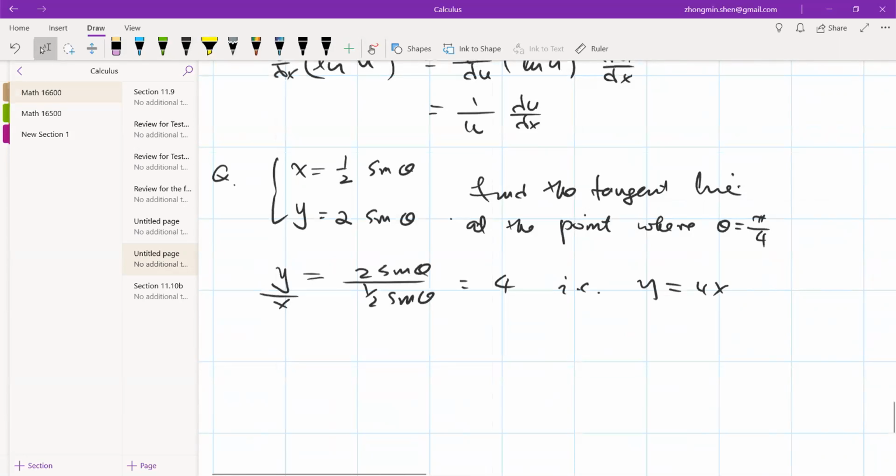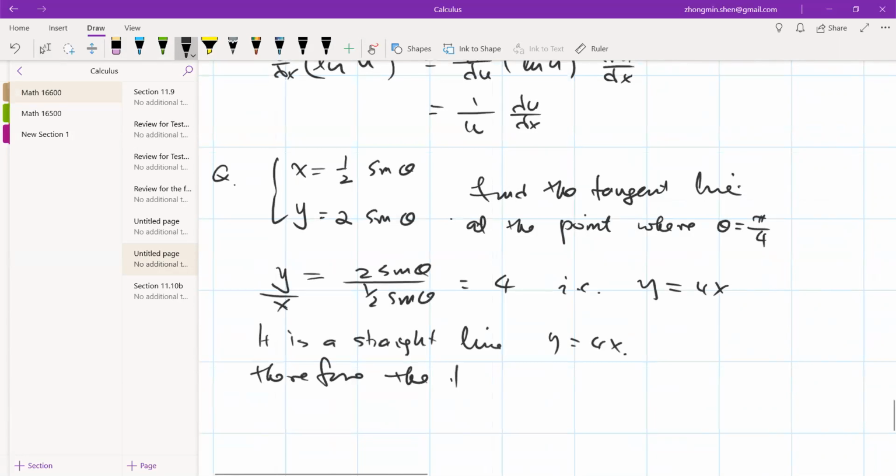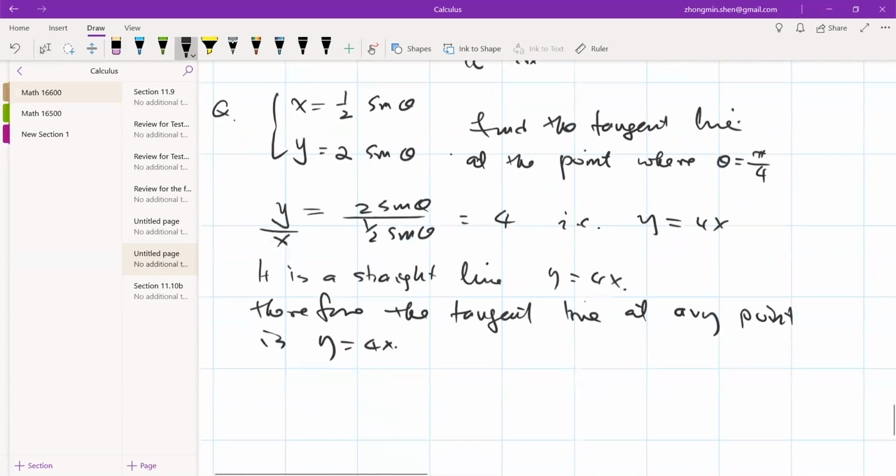That's okay. So it is a straight line, right? y equals 4x. Therefore, the tangent line at any point is y equals 4x. That's it.